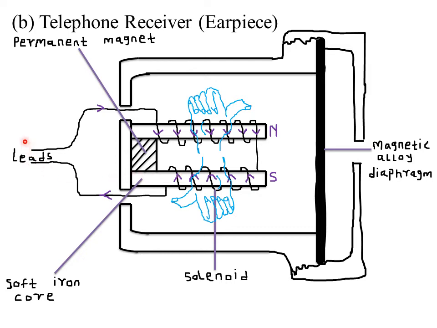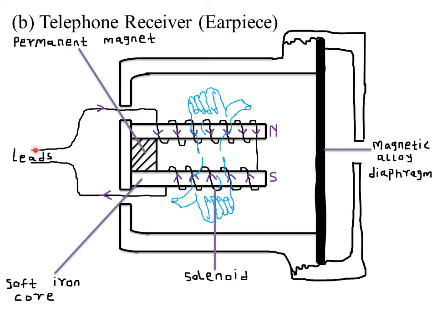So we are saying that when you speak through a microphone, the solenoid is connected onto the diaphragm. When you speak, your sound waves cause the diaphragm to vibrate. When the diaphragm vibrates, it causes the coil or the solenoid within the microphone to vibrate, but within a magnetic field. Whenever a coil is vibrating through a magnetic field, an EMF or an electric current is induced.